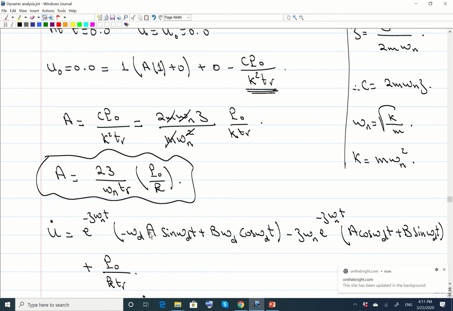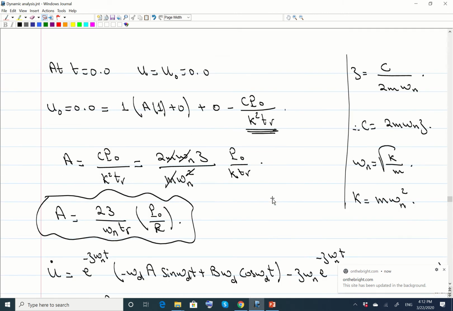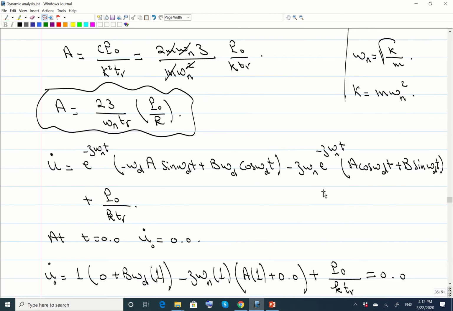Now, finding the velocity of the vibration, the velocity will be the derivative of this one. So it's going to be e power negative zeta omega n t multiplied by the derivative of this bracket, and then this bracket multiplied by the derivative of e power negative zeta omega n t, plus the derivative of this part, which is p naught divided by ktr, plus the derivative of this part. This is constant, so it's going to be 0. So this is the derivative over here that we mentioned, okay?